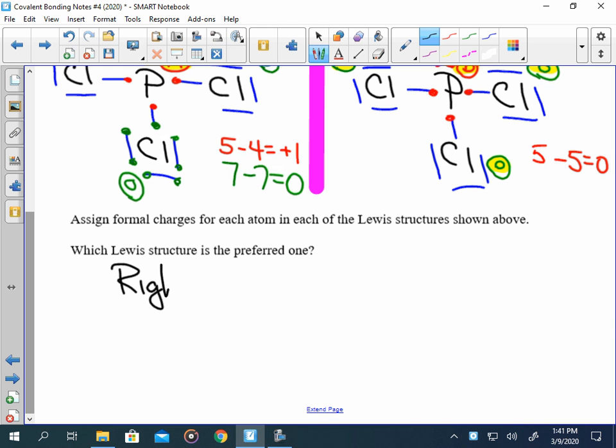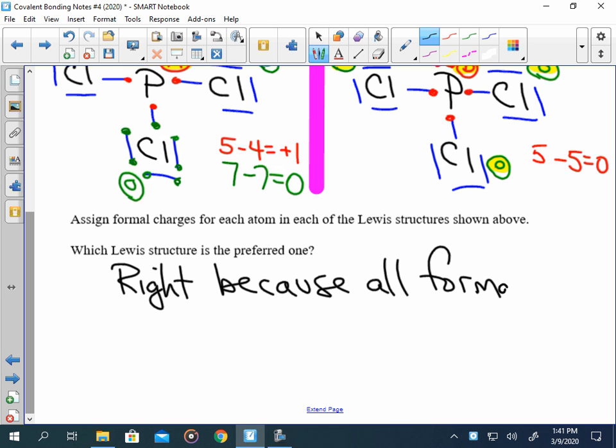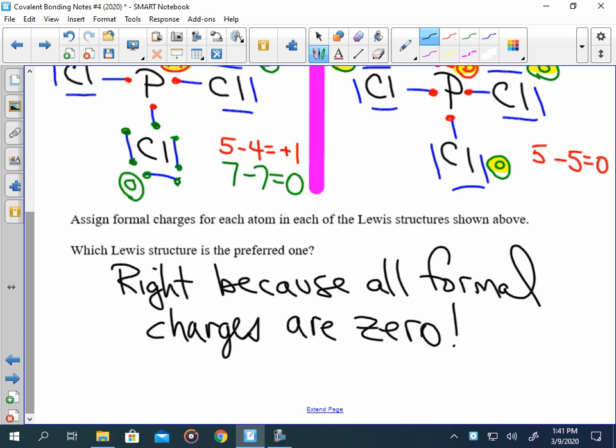The one on the right, because all formal charges are 0. That's the critical way of looking at it. Okay? Not difficult, we just got to learn the rules of the game, so to speak.